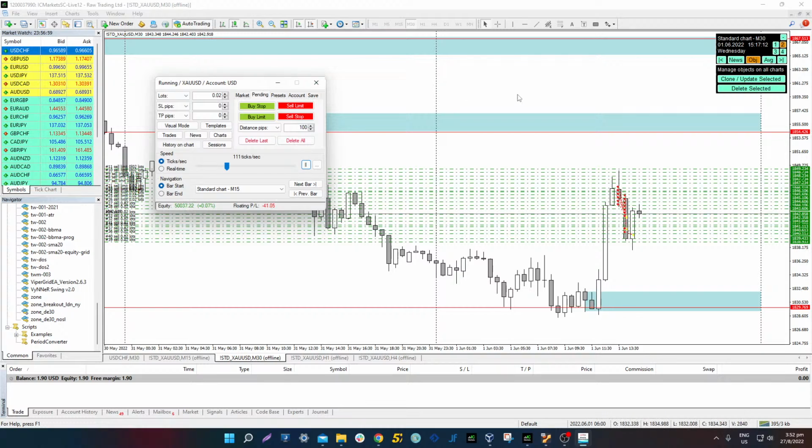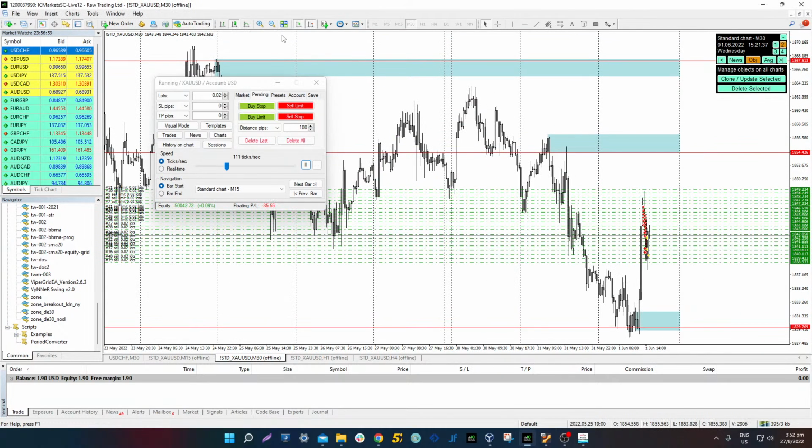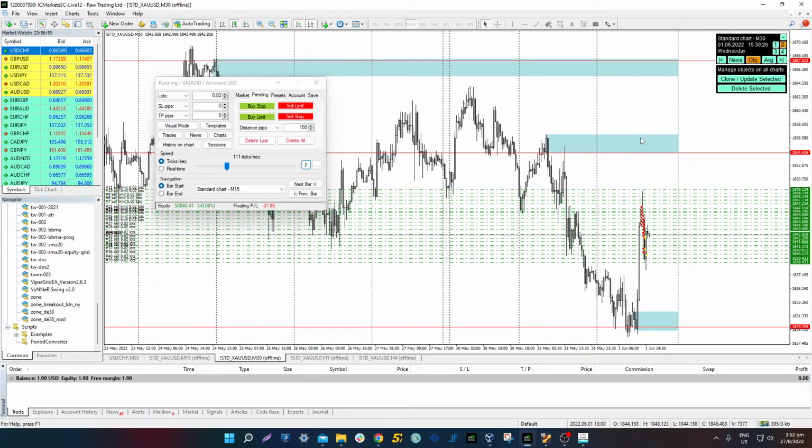We want to be careful about this level, because if price breaks above this, although the big trend is bearish, we want to look for an opportunity to get out at least at break even once it breaks above this.